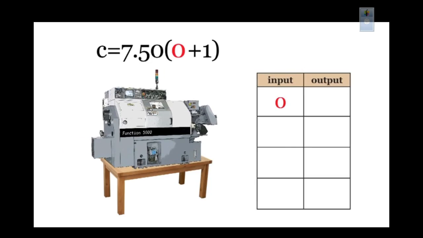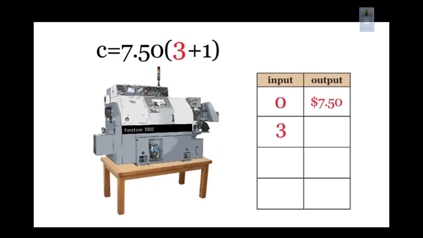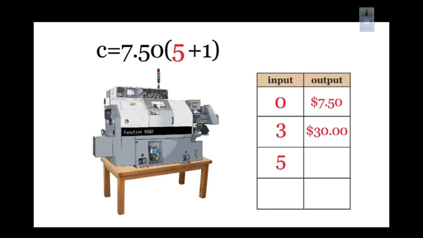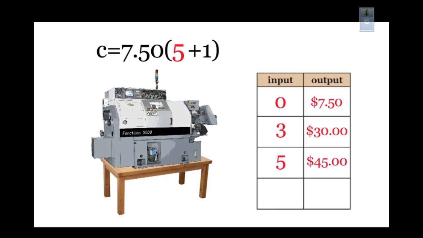The output is going to be $7.50 because you're still eating. What if 3 friends come to lunch? What if 5 friends come to lunch? Now, let's find the cost of 8 friends coming to lunch.